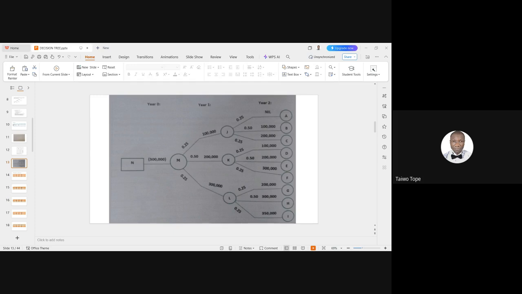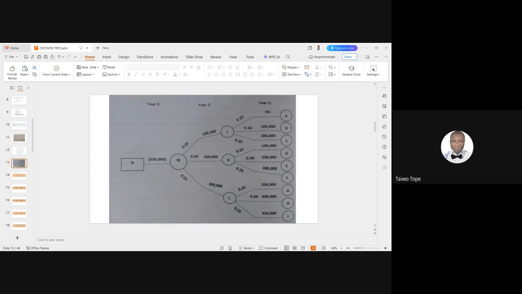Looking at this decision tree, what are the lines that lead you to node A? First, you have your year zero, isn't it? Your year zero will be constant for every point. As at year zero, you are giving out an outflow. You are investing.